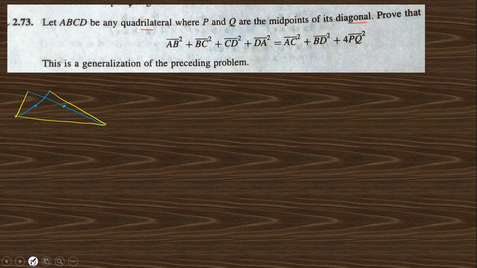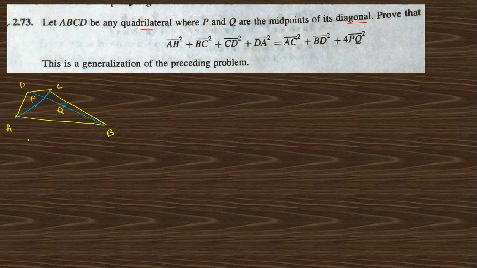In the pen tab there is a smoothness problem, so try to understand the problem. Let's name the vertices A, B, C and D, and these are the midpoints of AC, which is P, and of BD, which is Q.